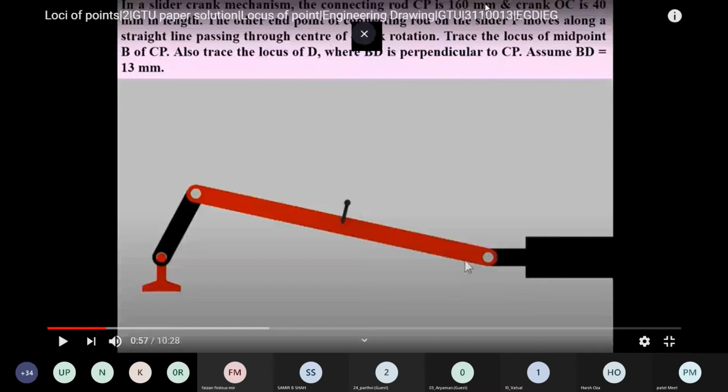As we know that C is the common point, it may be considered here. Okay, OC is the crank, we know this black is the crank. So initially we are getting O here. Here we have to place O, where it is 40 mm. So this is 40 mm. You can directly take 40 mm. Draw the circle.